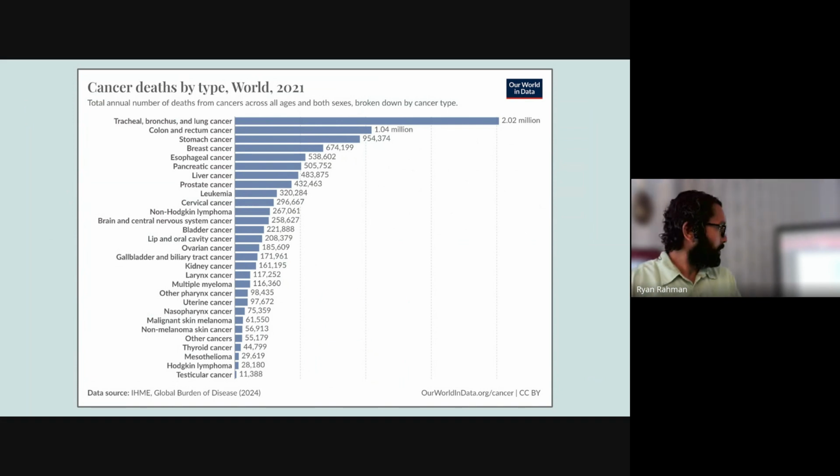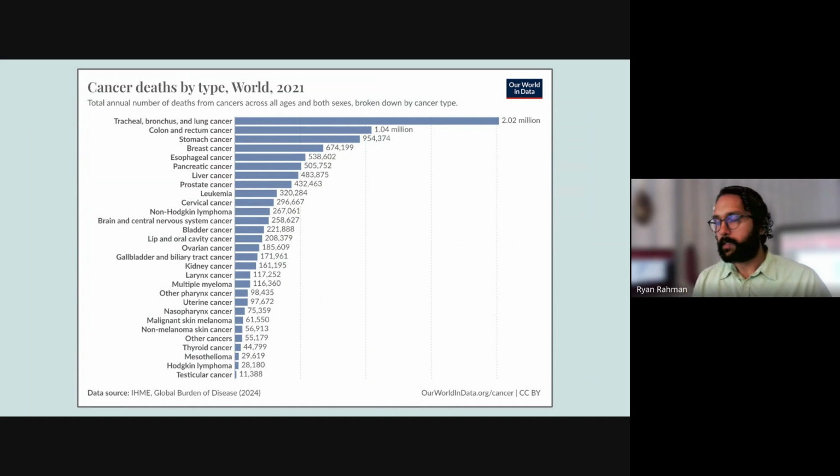Some of those things can still be important and deadly, but not quite as common as, like I said, mostly lung, colon, breast, and then prostate, and we'll talk about cervical and a few of these a little more specifically as well. Salivary glands are on their list. I can't see it.